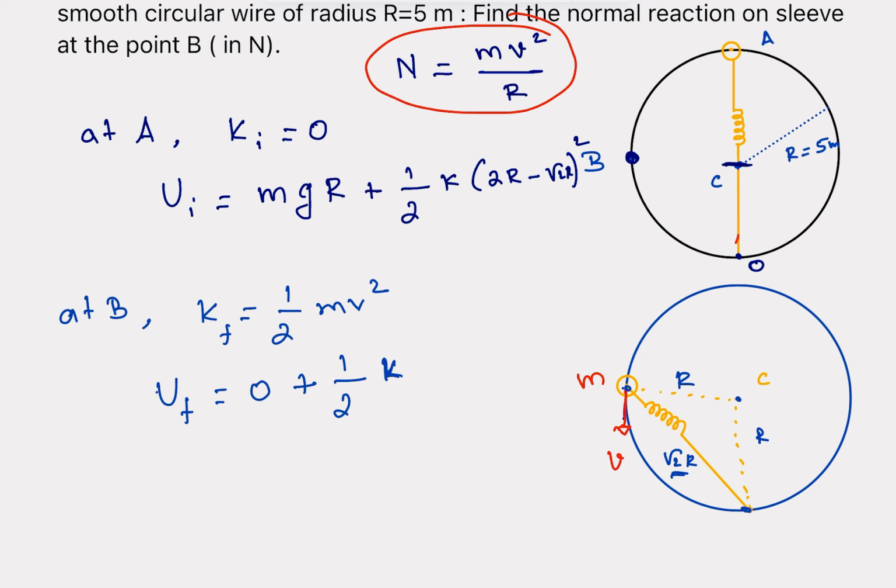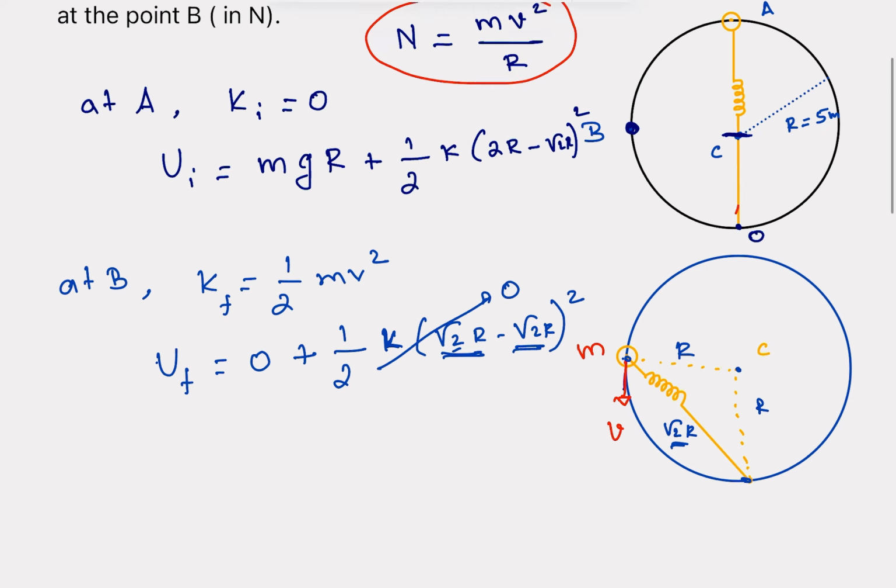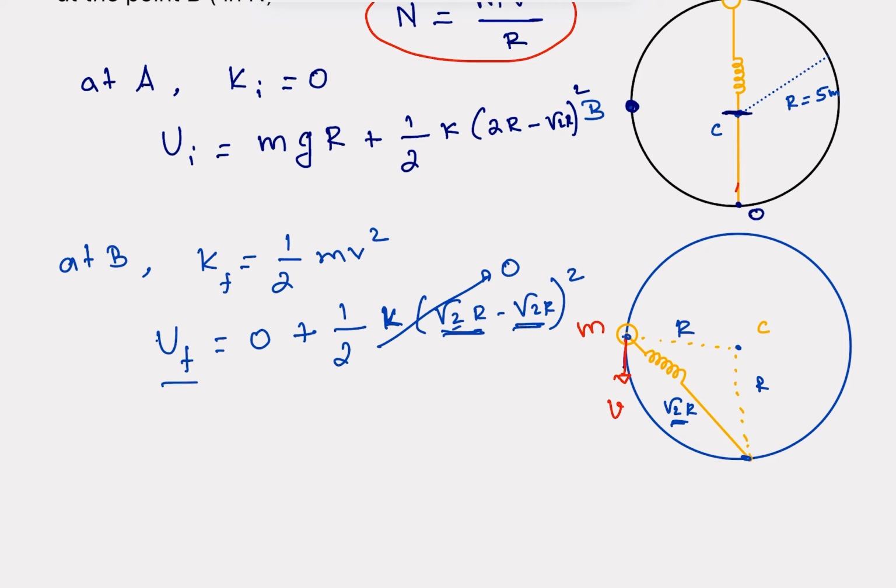So the spring is at its natural length, which means root 2r minus root 2r, so if I square it, I will have 0. So the potential energy is 0, and kinetic energy is 1 by 2 mv square. Here, the kinetic energy is 0 and the potential energy has this value.